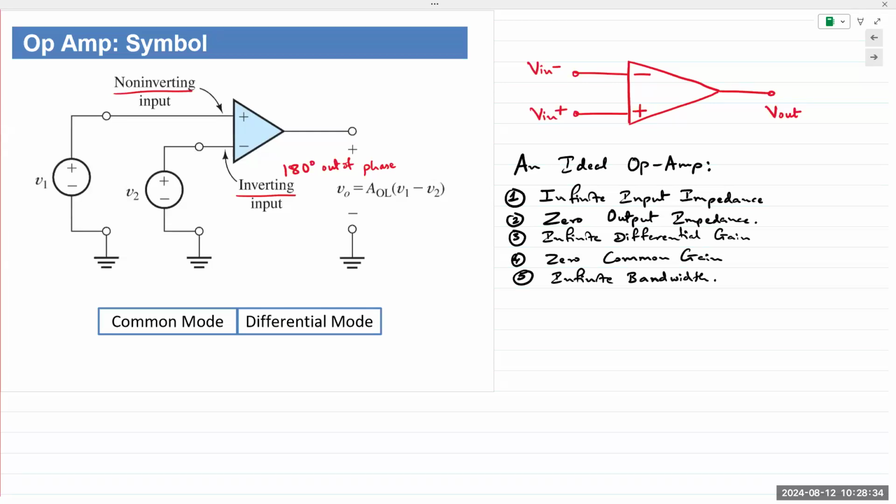Again, the key word is it is based on it being a differential amplifier or a difference amplifier. So it amplifies the difference between the two terminals. Anything that is common at the two terminals is rejected. And that's the biggest positive point about using an op-amp.